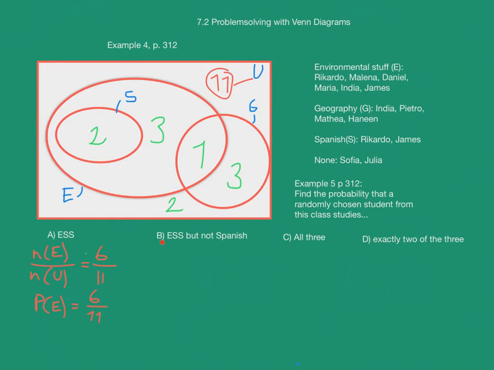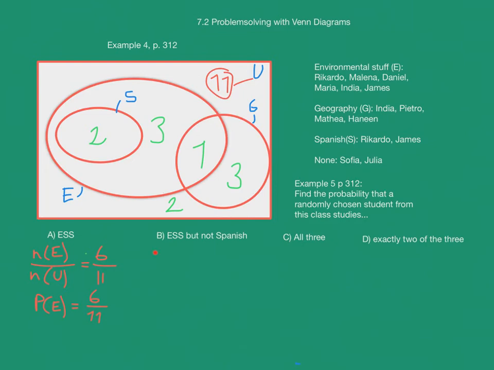Likewise, for question B, find the probability that a student studies ESS but not Spanish. Now, this is the ESS circle, and we have 6 students studying ESS. But within that circle, we have 2 students studying Spanish here. So we're left with 4.